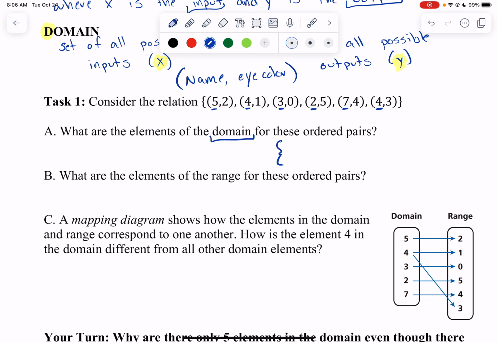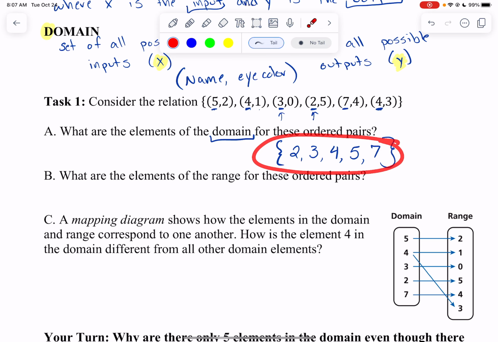The smallest is a 2, then a 3, a 4, a 5. We don't have a 6, but we have a 7. So my domain is 2, 3, 4, 5, and 7.